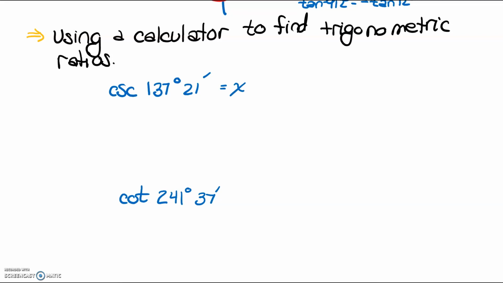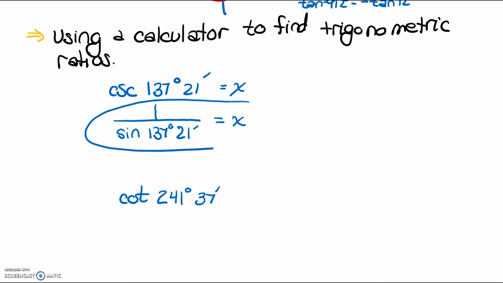Cosecant of 137 degrees 21 minutes equals some value x. So how could I change the cosecant? What's equivalent to cosecant? Well, I know that cosecant is the same as the reciprocal of sine of 137 degrees 21 minutes.